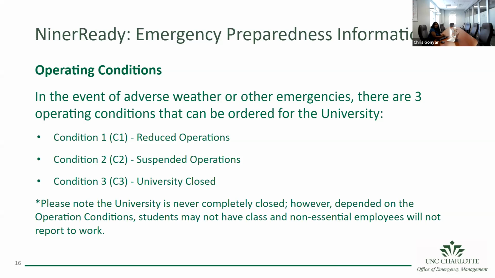And non-essential personnel are asked not to come to work. We're never completely closed because we have campus police here. We have emergency management and some essential personnel that do always come in during these types of situations. However, for your purposes, for students and non-essential personnel, in a C3, the university is closed, and there's nothing that you can do until that is lifted.